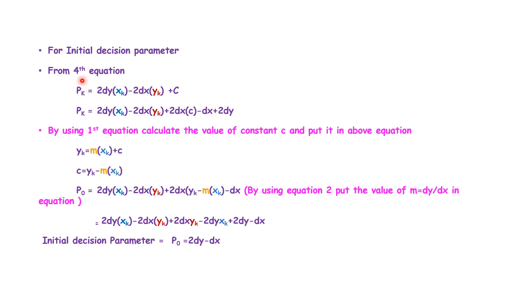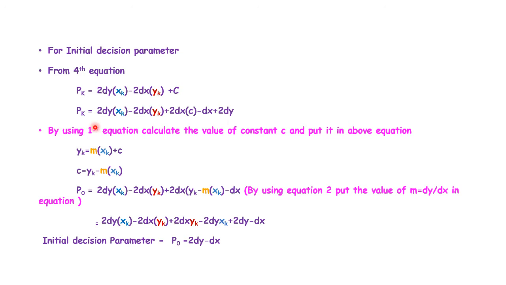So from the fourth equation, that is pk is equal to 2 dy xk minus 2 dx yk plus c, we have to put the value of c in this equation. So the equation becomes pk is equal to 2 dy xk minus 2 dx yk plus 2 dx c minus dx plus 2 dy.